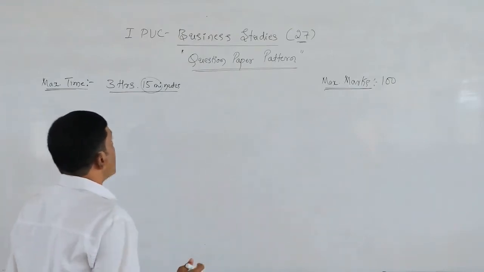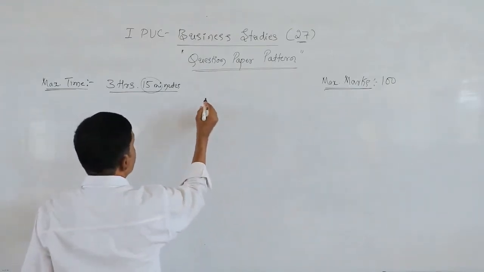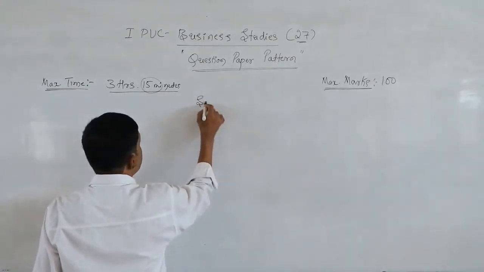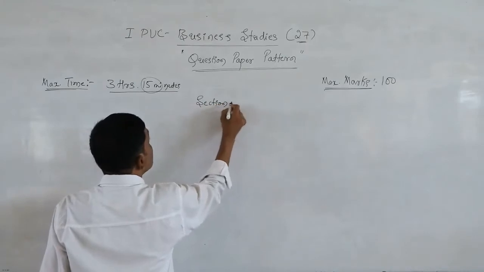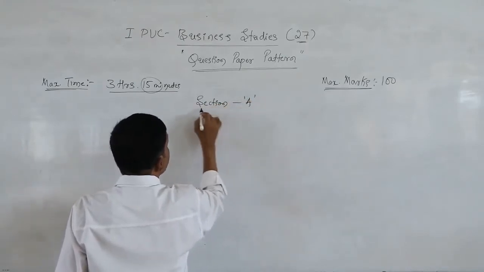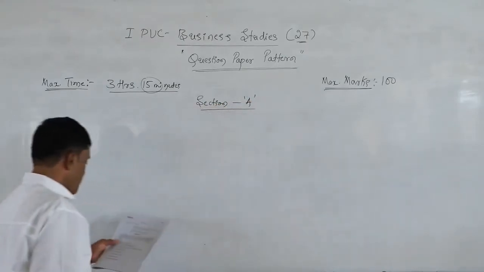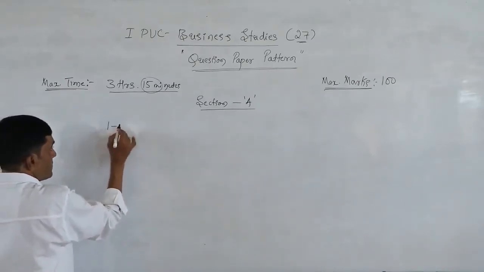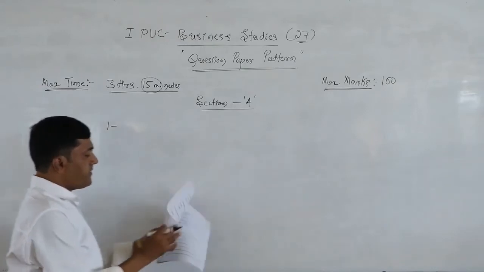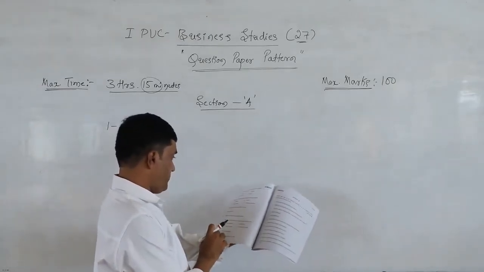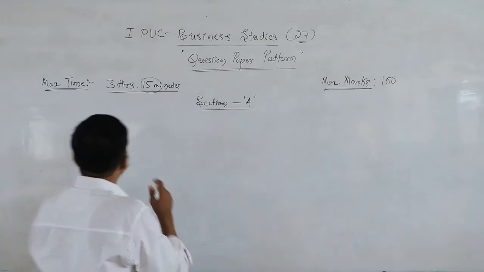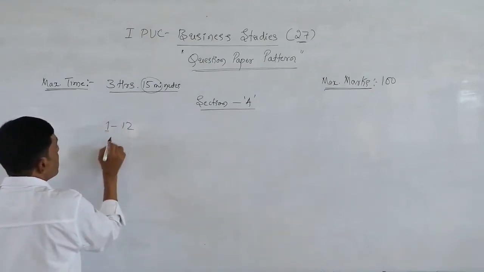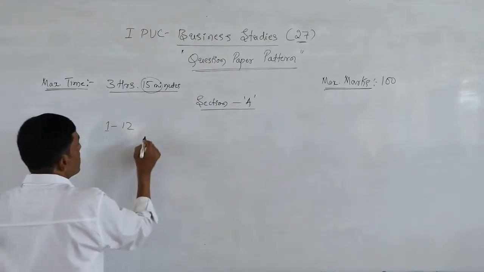Now I would like to start with the section-wise questions in your question paper. In the first section, namely section A, dear students, it starts with question number 1 and ends with question number 12.